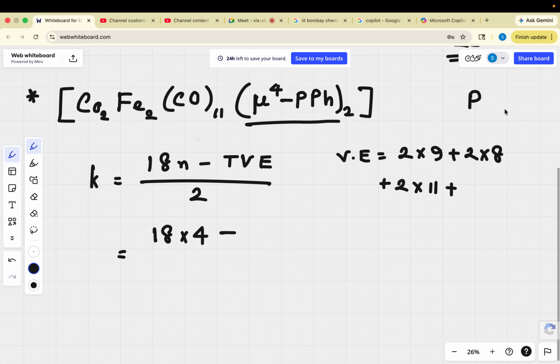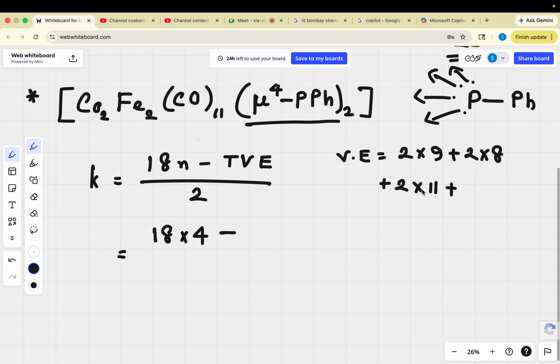You have Ph, so one electron is already involved in bonding with Ph, so 4 electrons are left for phosphorus. And you know what is the meaning of mu4? Mu4 means it is bonding with 4 different metals. So mu4 means it's a bridging ligand bridging 4 different metal centers. Answer is 4.